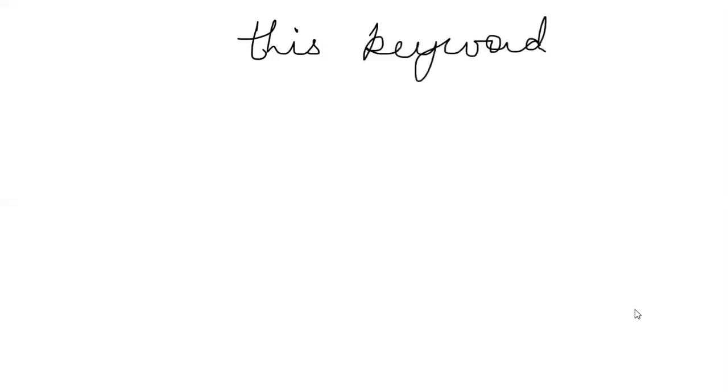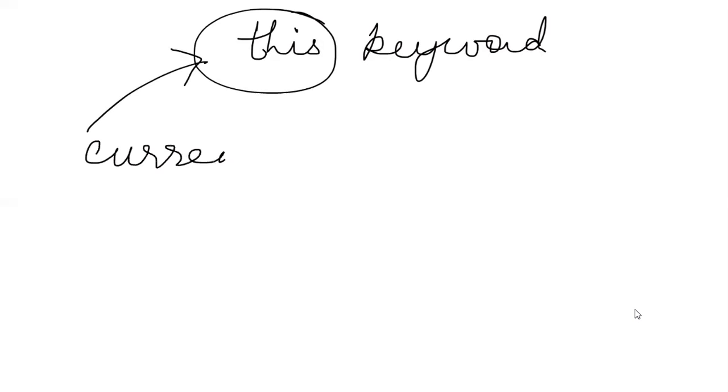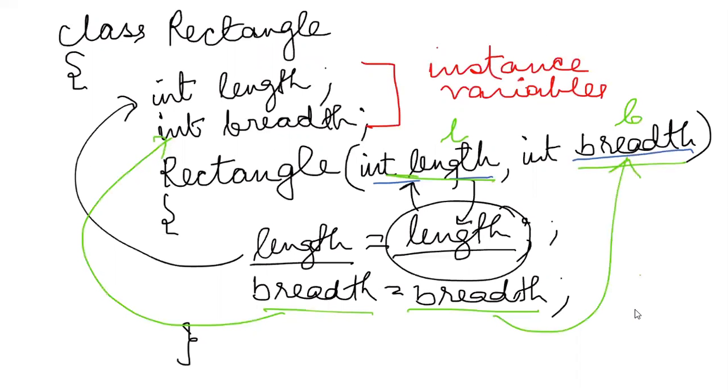So what this keyword does is that I can use this to represent the current object. The current object. So what do I mean by the current object? So if we go back and see here, this length and breadth are instance variables.